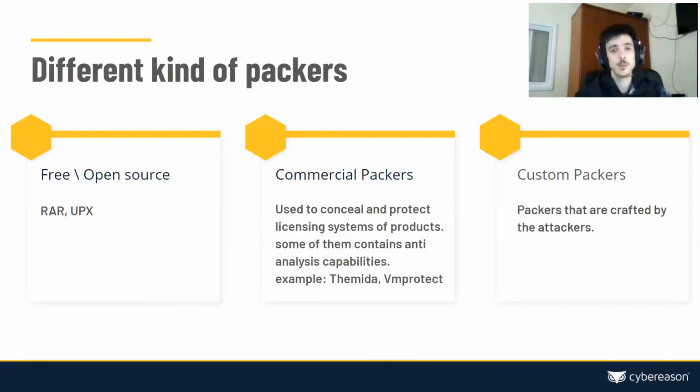Some of them are commercial packers that are used to conceal and protect the licensing system of a product, such as Themida or VM Protect. Some of them also have anti-analysis capabilities, such as VM Protect. And there are custom packers, which are the packers that have been crafted or written by the attacker.